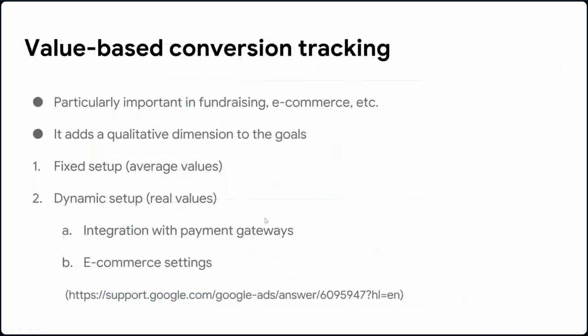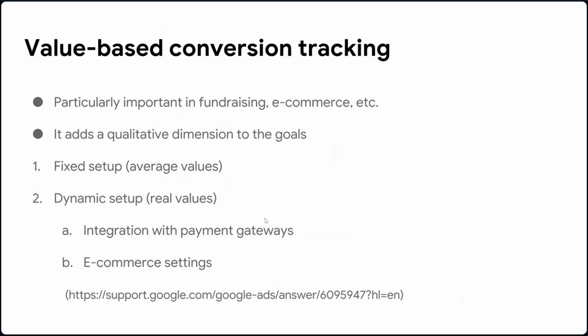Now, value-based tracking. And I know this is a very broad topic, but these are the basics, right? What you need to know is that value-based tracking is very important for all the transaction-based businesses, all the organizations that solicit donations or anything of financial value, right?